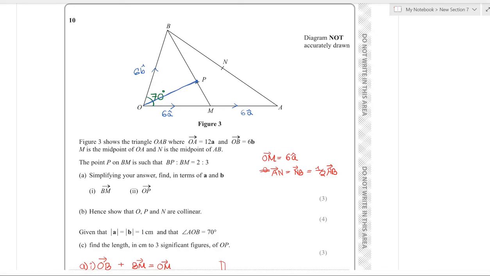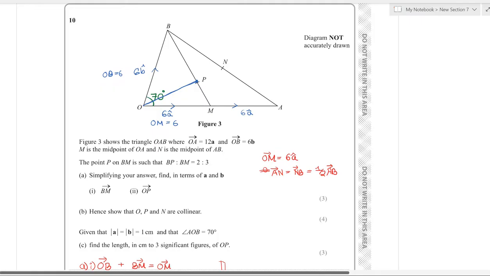If you focus on the triangle OBM, and as the values for A and B are both 1, OM also refers to 6 into 1, which is 6, and OB also gives you 6 into 1, which is 6.